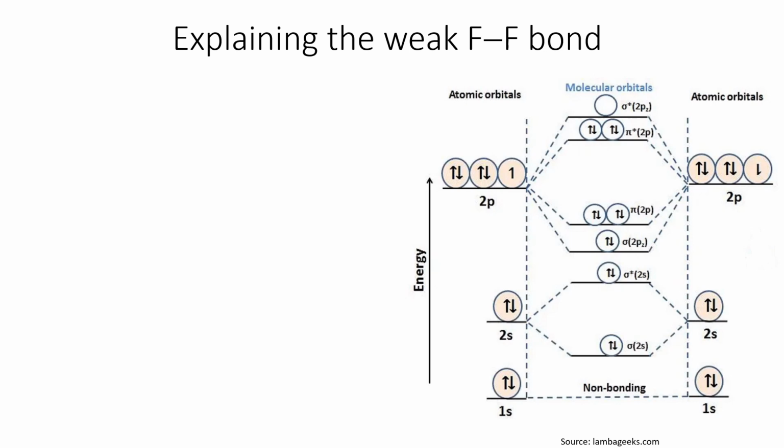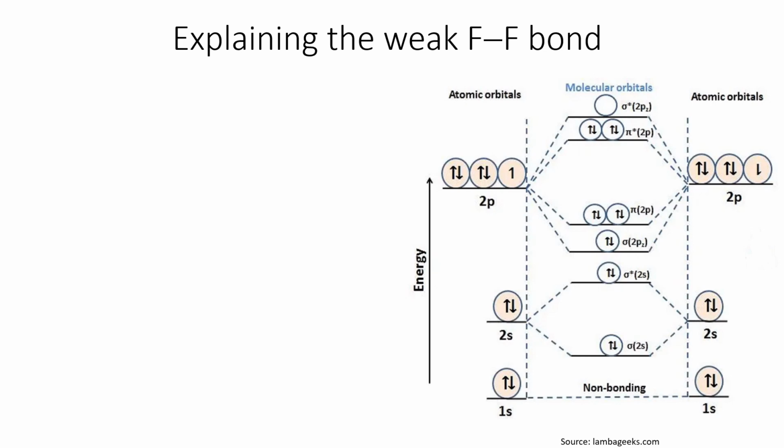So in this molecule we've got 3 antibonds, a sigma star and 2 pi star antibonds, and we've got 4 bonds, 2 sigmas and 2 pi's. So we've got 4 bonds and 3 antibonds, leading to an overall bond order of 1.